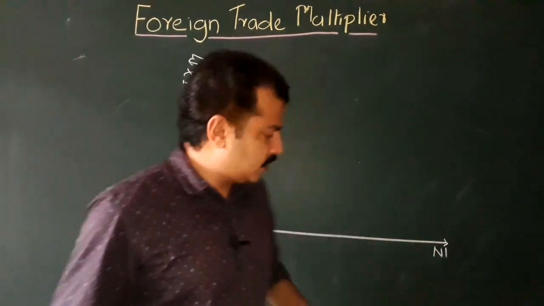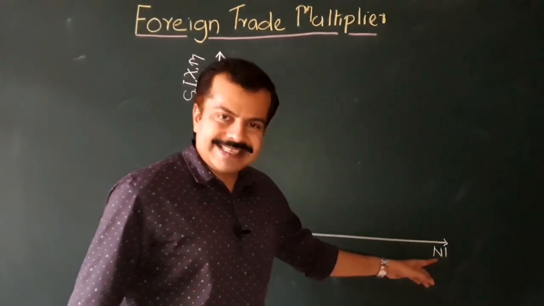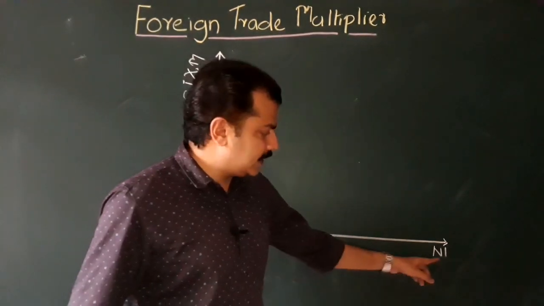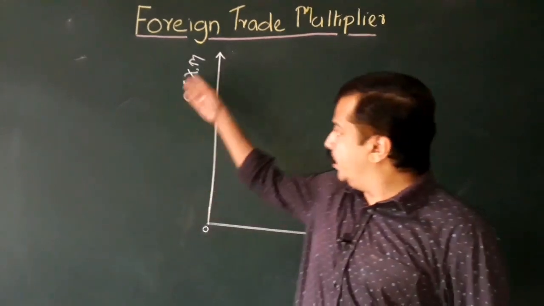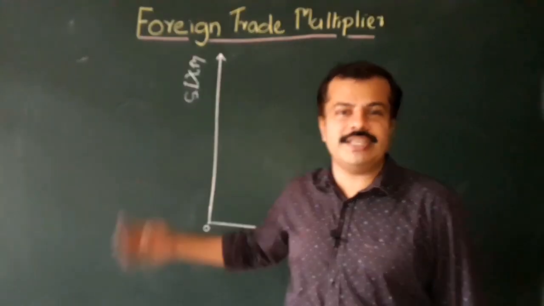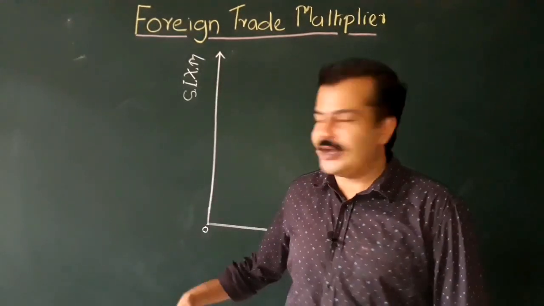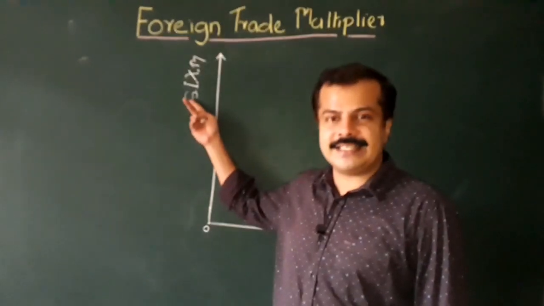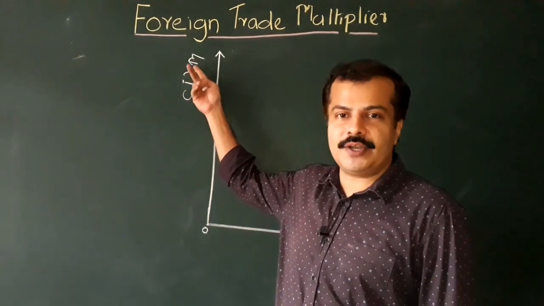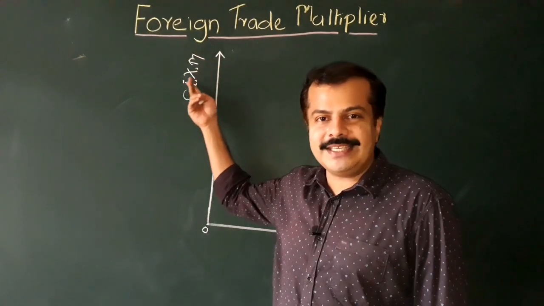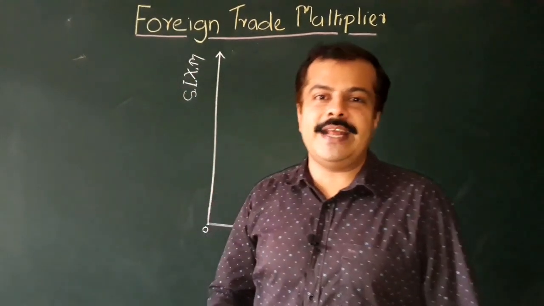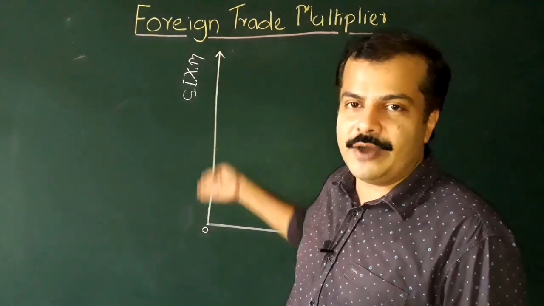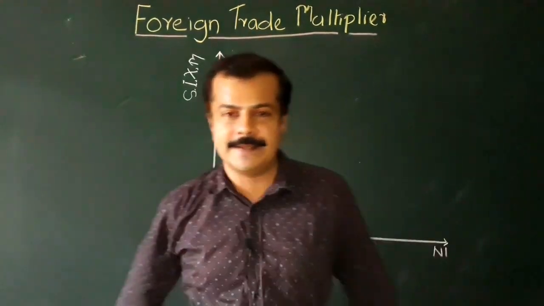In this graph, on the x-axis, the horizontal axis, we will measure income, or more precisely national income. On the vertical axis, we have all those injections and leakages, because we have the savings, the investment, the export and import. So all the leakages as well as injections are measured on the y-axis.